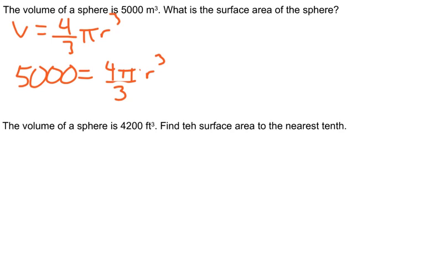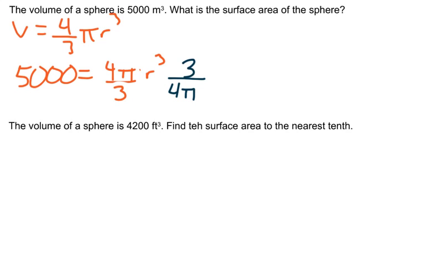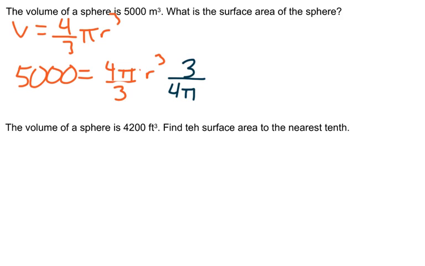So what you would want to do to get r by itself is multiply by the reciprocal. So you're going to multiply both sides by 3 over 4 pi. Sorry, I really should have moved this over. So we're going to multiply this also by 3 over 4 pi to the 5,000. Again, this will cross that out, leaving r cubed by itself.